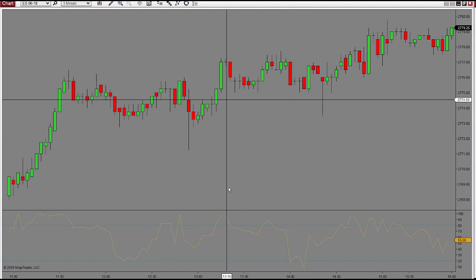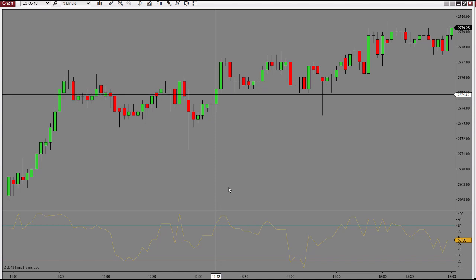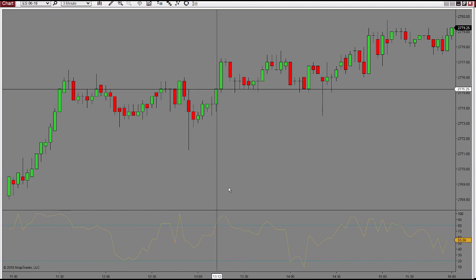All right, so first, before we get started, we have to understand what stochastic is. Well, it's measuring the range of your bar, so the high to low range, and then it's also measuring the close of the bar to the low.